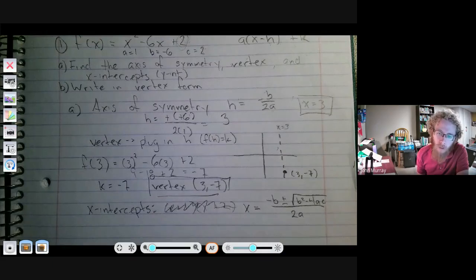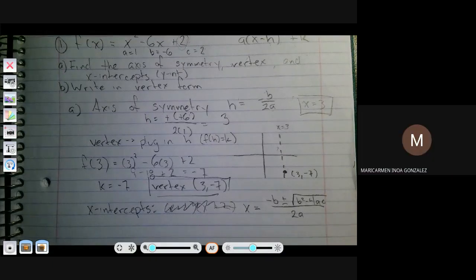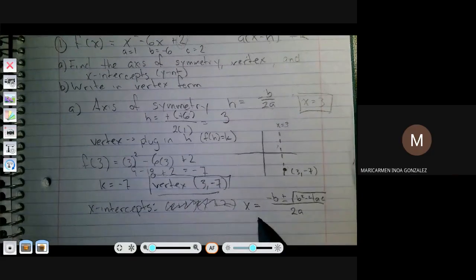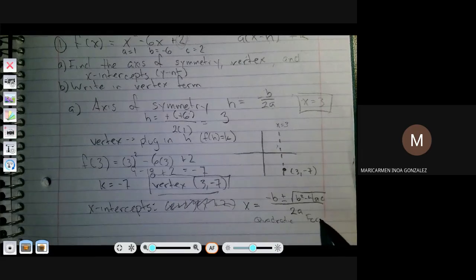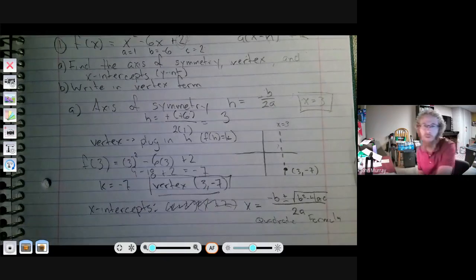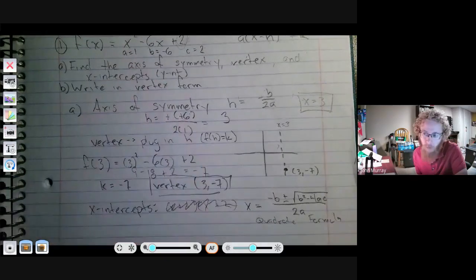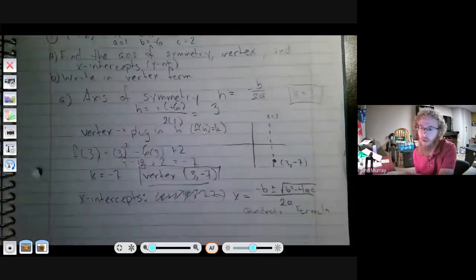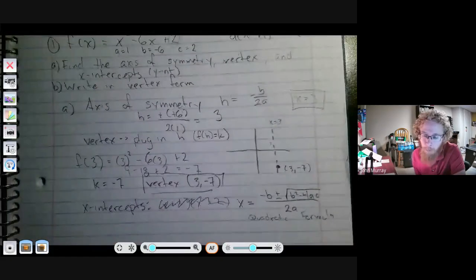Okay, we can always use our quadratic formula. This is always a viable option for any quadratic equation. And here you need the a, b, and the c, so it's good that we have them labeled.